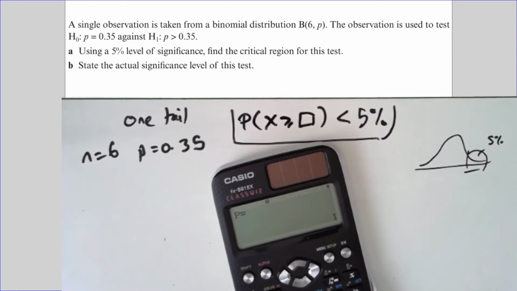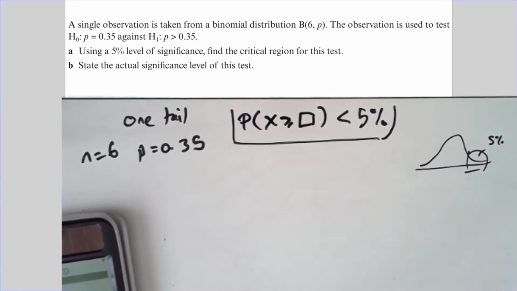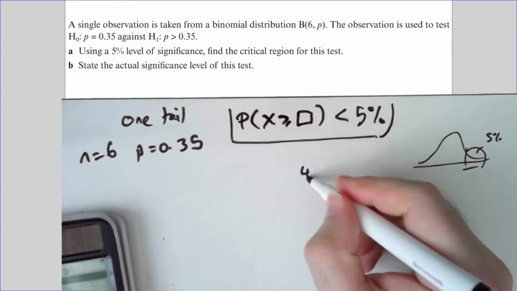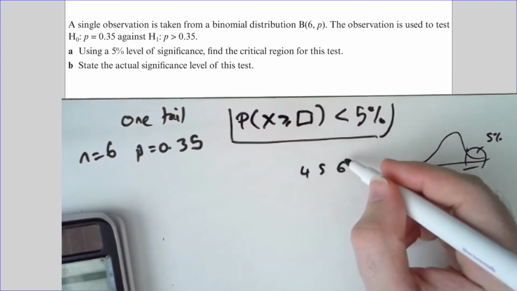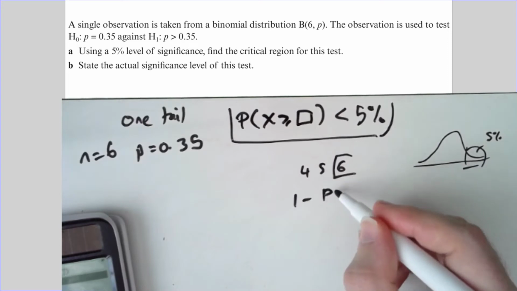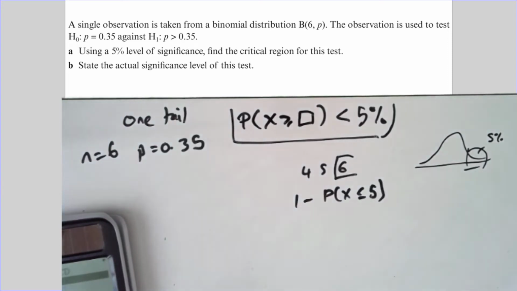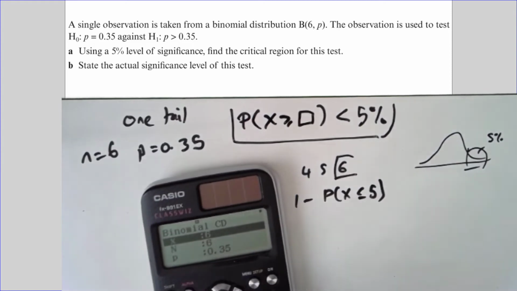Because this gives us less than or equal to, we've got to remember, when we're doing 4, 5, 6, if we want 6 or greater, we need to do 1 minus probability x is less than or equal to 5. So we're going to put a 5 in here.